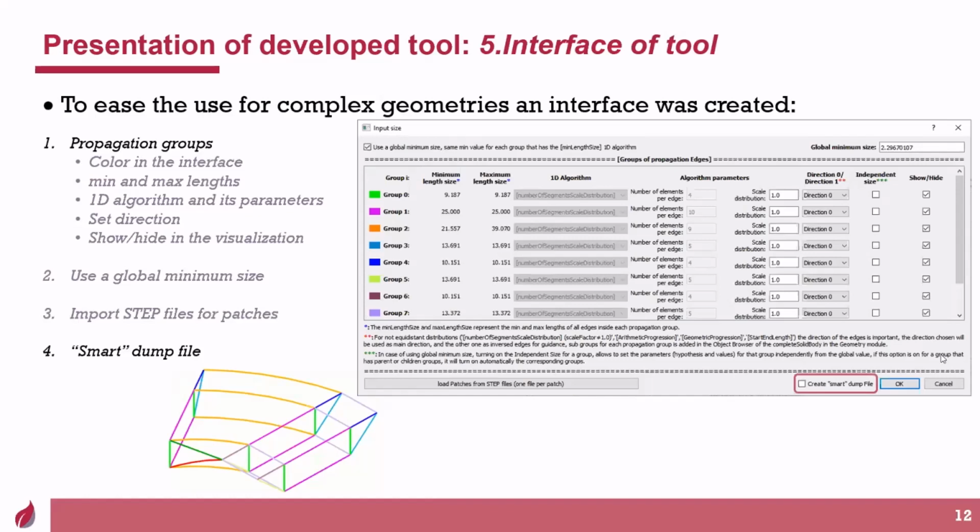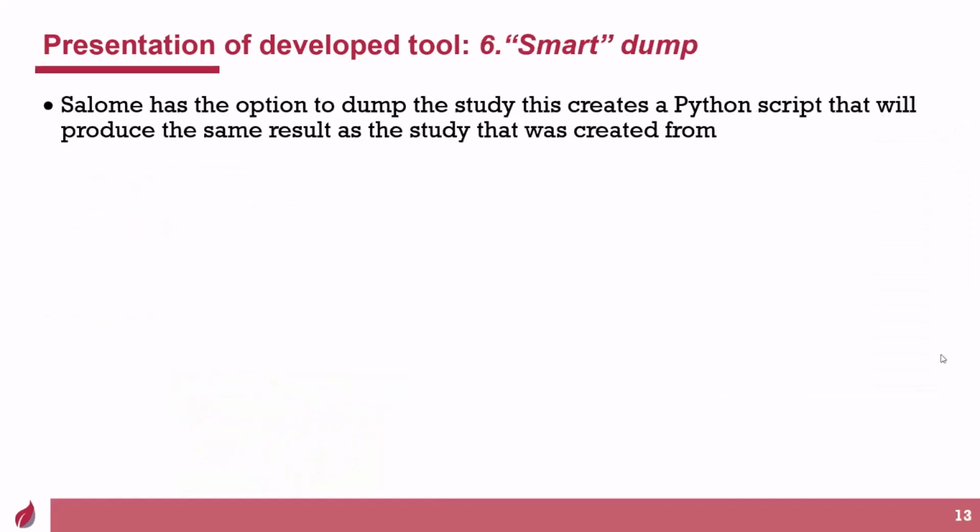I'm going to talk about this in the next slide. So Salome has a dump tool where it's going to create a Python script of what you have done before in the interface.